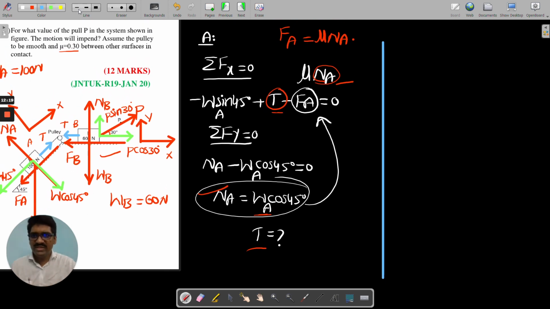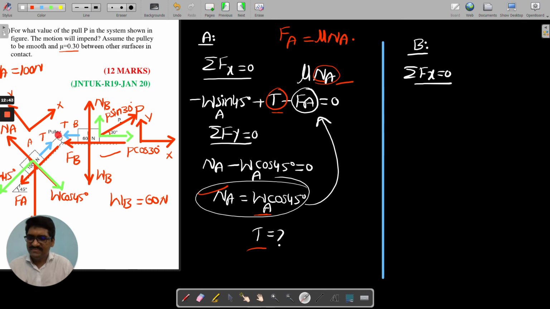Next, I am just going for the block. Very simple. Summation of Fx is equal to 0. Tell me, all of you, in the x direction, what are the forces? So here we have P cos theta. FB is acting towards negative x direction, minus T is acting towards negative x direction.